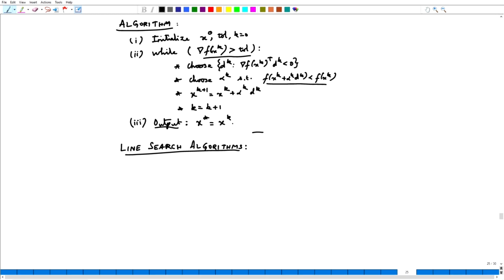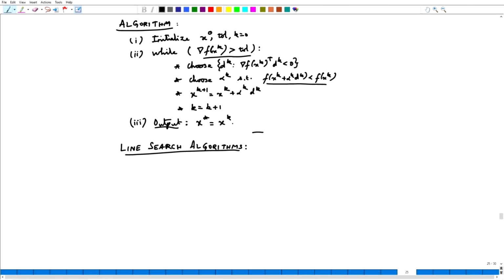Just some random thoughts on how to select the step size, right. What would happen if I choose some arbitrary alpha k? I understand that it has to be between 0 and 1, like what was given in the previous example. So, can I choose any arbitrary alpha within that particular interval?